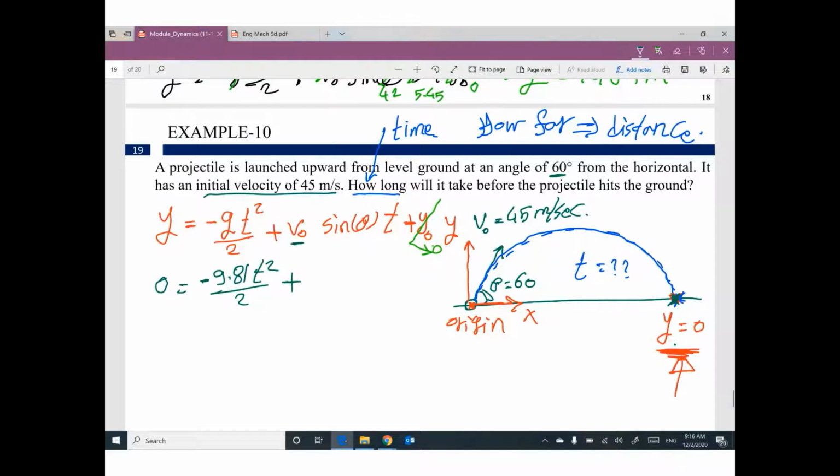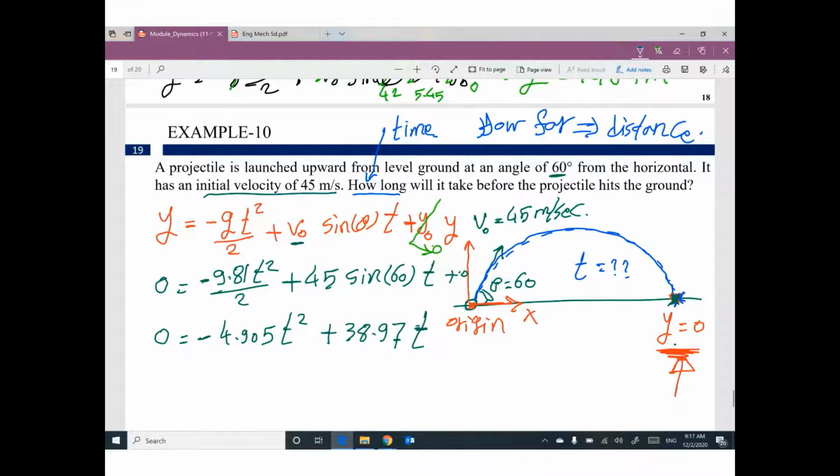Initial velocity 45, sine theta, sine 60, time t, plus 0. Go ahead and simplify this equation. 0 equals negative 9.81 divided by 2, which is negative 4.905 t squared plus 45 times sine 60, which is 38.97 times t.